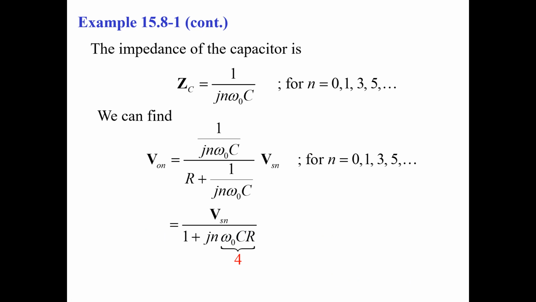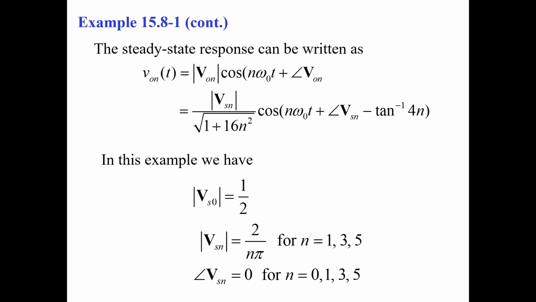The impedance of the capacitor is given by this, and you can find the output using the voltage division principle, which simplifies like this. This one has some value, and it depends on the frequency. This is the voltage division rule between the capacitor and the resistor, and your output will be like that.